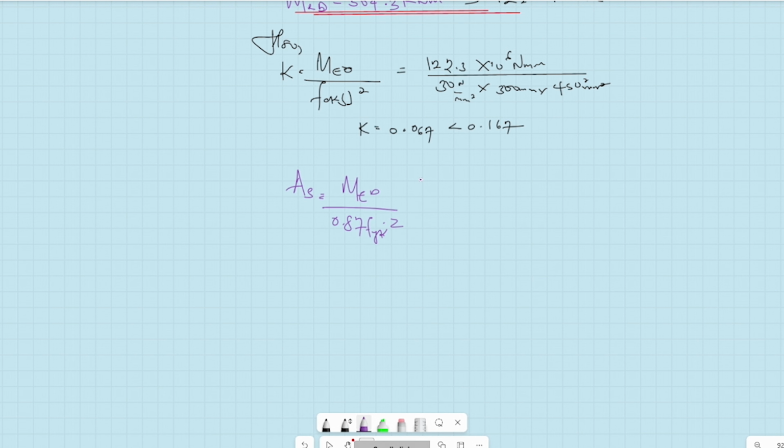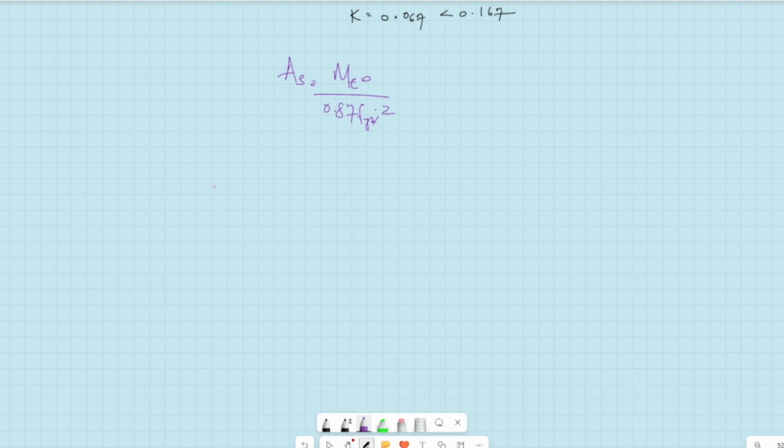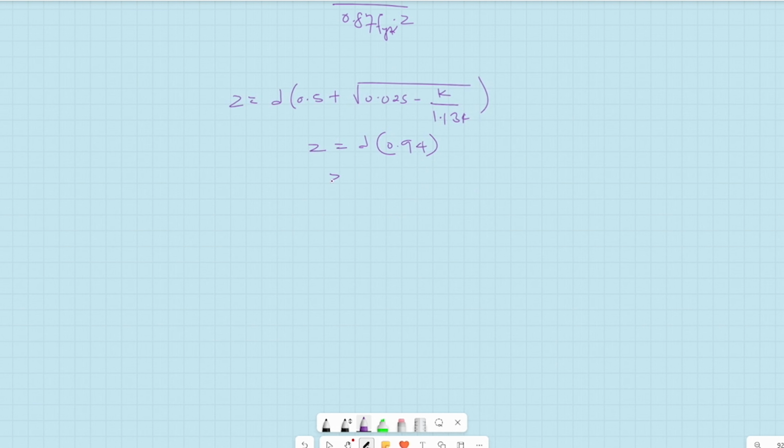So we really need to know our lever arm first. So let's solve for our lever arm. And remember, a condition must be met. We know our z should not be more than 0.95d.